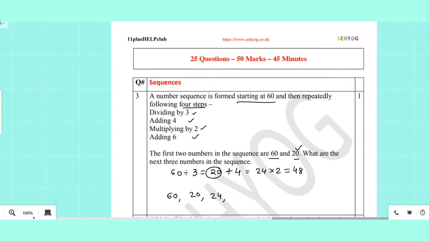So 24 times 2 gives us 48. And then to find the last term, we will add 6. So 48 plus 6 gives us 54. So the final terms we get as 24, 48 and 54.